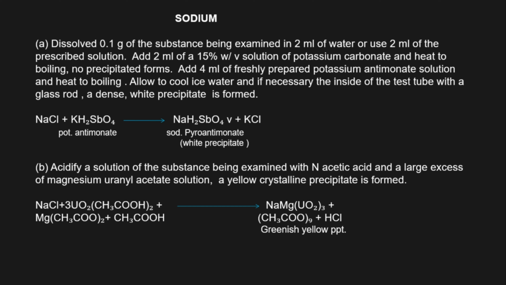A yellow crystalline precipitate is formed. The reaction is as under. Sodium chloride reacts with magnesium uranyl acetate to give sodium magnesium uranyl acetate along with hydrochloric acid. This sodium magnesium uranyl acetate yields greenish yellow precipitate.